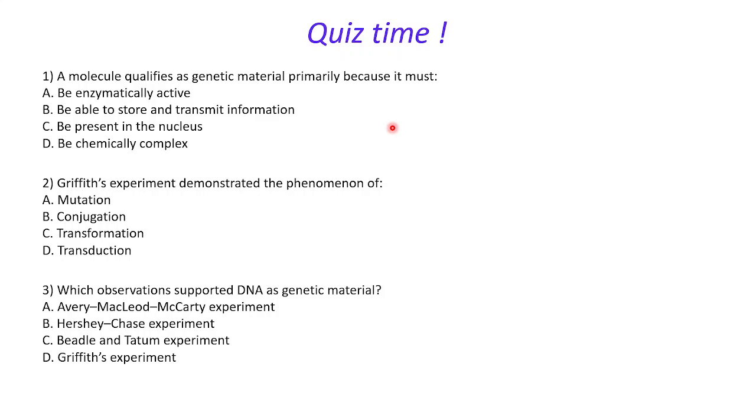He took the components of the heat killed virulent bacteria, and then moved ahead with studying heredity. So option A is correct because it's an extension of the Griffith's experiment. Griffith's experiment definitely tells you that DNA is a genetic material, and the Hershey-Chase experiment is also an indication of this particular theory. So A, B, and D are correct.